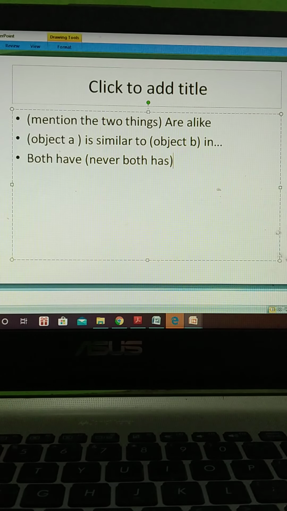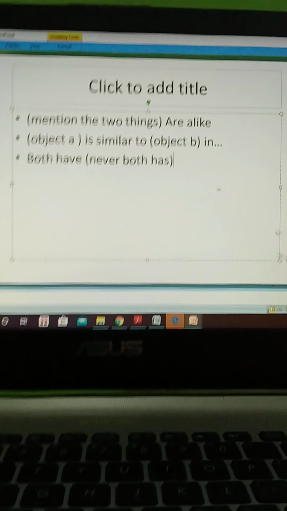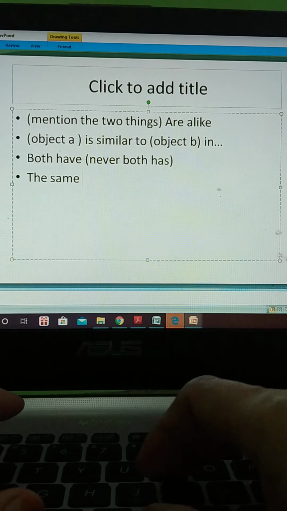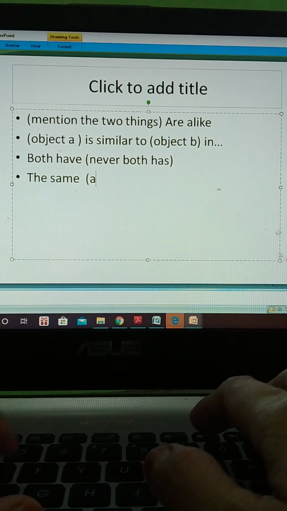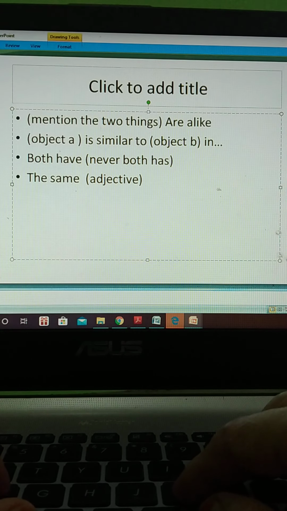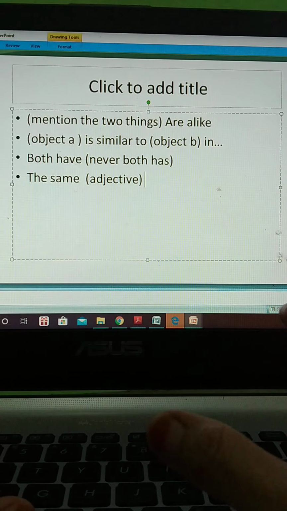And then the same, yeah, the same. The same is an adjective. It is not is same, like the same customers.